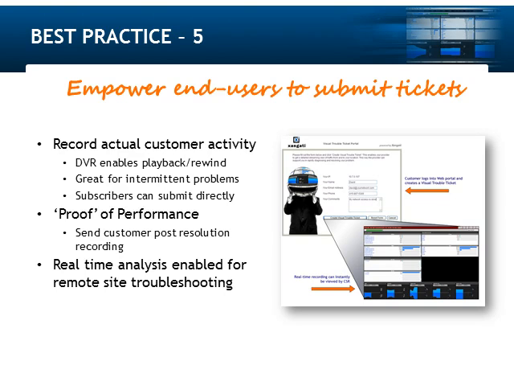So this actually helps you get at the bottom of what's causing it potentially. So you have proof of the performance. You have a record of the actual customer activity, and this analysis is a great way to do remote site troubleshooting. And this is something that we find is very powerful and a very sticky capability that end users like to have.